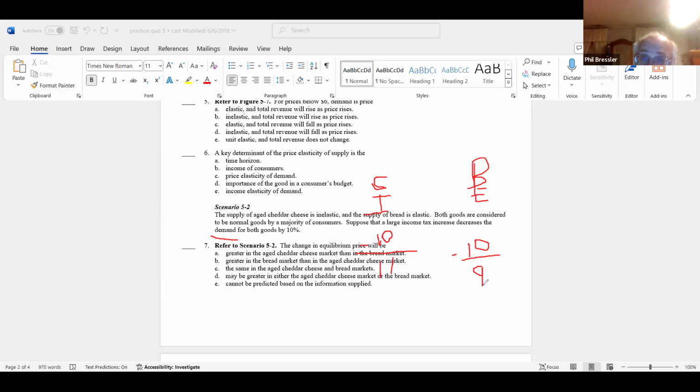Well, it's a leftward demand shift for both, because it says there's a decrease in the demand. So a leftward demand shift for both would be quantity down and quantity down, okay? If they're just asking you which way they go, being inelastic and elastic is not going to factor in. Okay, I said a lot there. Does everyone understand that? If you have a question, ask, because this scenario, I guarantee you, is on the test tomorrow.